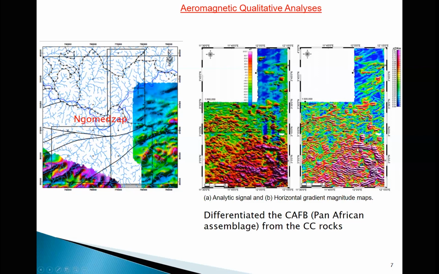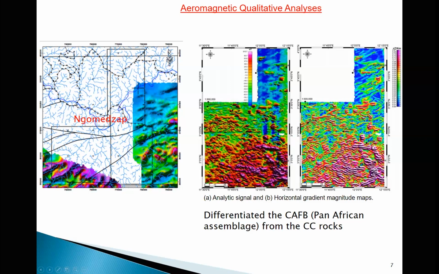All this south area here are areas of high horizontal gradient magnitude values.